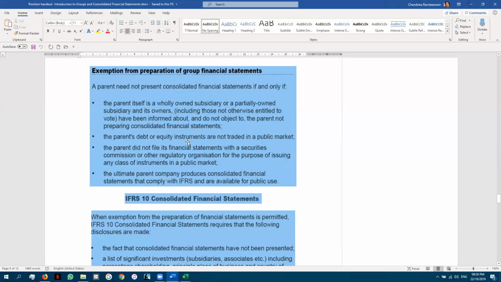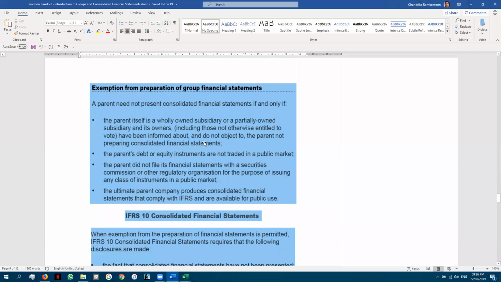Remember, I said that there are certain times when the parent may not actually have to prepare. Very rare, but exemption. A parent need not present consolidated financial statements if and only if the parent itself is a wholly owned subsidiary or partially owned subsidiary and its owners have been informed about and do not object to the parent not preparing.